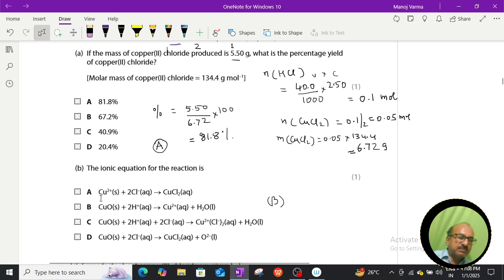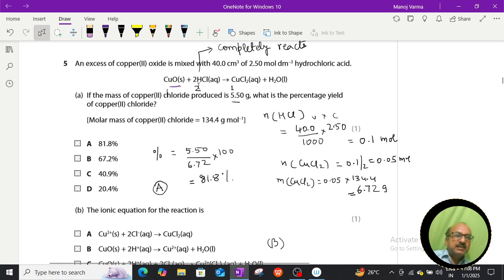So if you see the first part, it is incorrect because it is ionized. So this seems to be correct. Copper oxide solid is not ionized. Then whichever are aqueous are ionized. So these two chlorines here can cancel with these two chlorines. So you will be left with the 2H plus, which is this, and we'll be left with the Cu2 plus, and H2O being a liquid will not ionize, so this is correct.